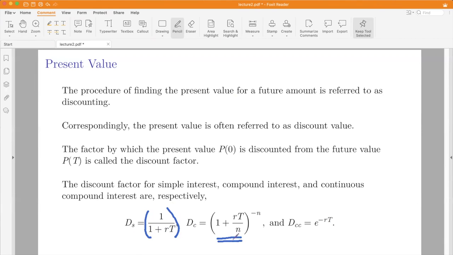In the case of compound interest, that is discrete compound interest, it is given by 1 plus RT by n to the power of minus n. And in the case of continuous compounding, it is e to the power of minus RT.